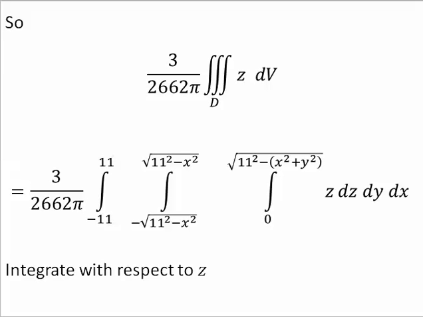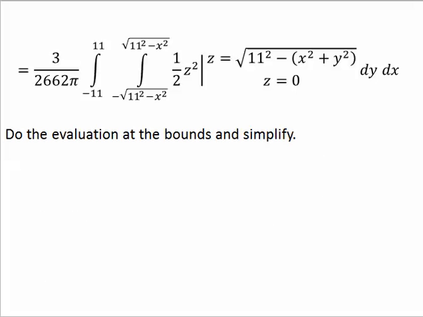Integrate first with respect to z. Antiderivative of z is z squared over 2. Do the evaluation at the bounds and simplify.